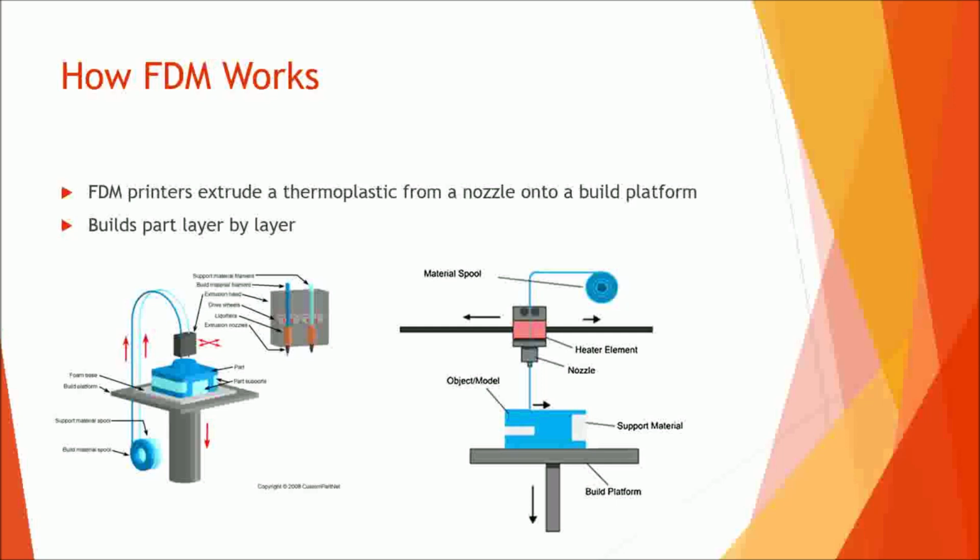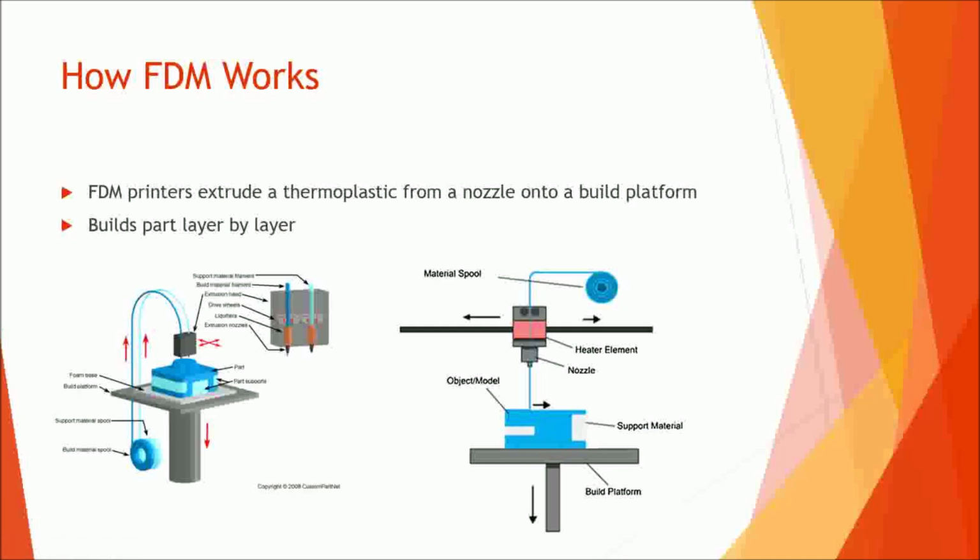Alright, so how does FDM work? FDM is probably one of the simpler 3D printing processes. It basically involves an extruder. In the picture you can see the extruder right here, and you have filament. The filament feeds through the extruder. The extruder heats up the filament, which is a thermoplastic, and the extruder will extrude the filament into a layer, and the part is built up layer by layer.